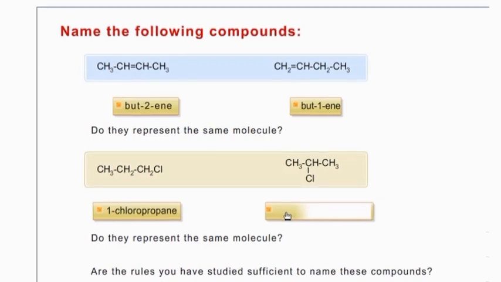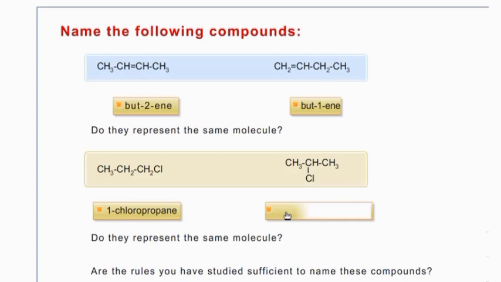So the first compound, you could see its name is but-2-ene, and the second one is but-1-ene. So the question is, do they represent the same molecule? Are these two molecules the same, identical?